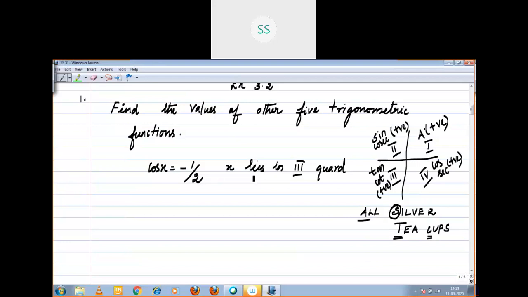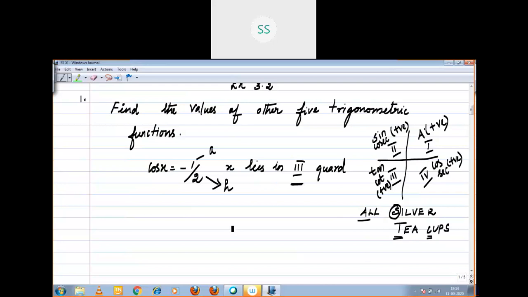Now, x lies in the third quadrant. In the third quadrant, which functions are positive? Tan and cot. The rest of the entries are negative. Then cos theta represents adjacent by hypotenuse.